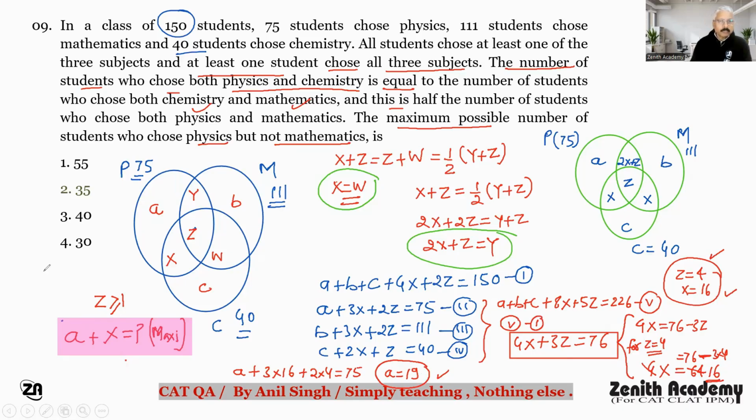So now a plus x, a is 19 and x is 16, equal to 35. This is the maximum possible number of students who choose physics but not mathematics. So the answer is 35.